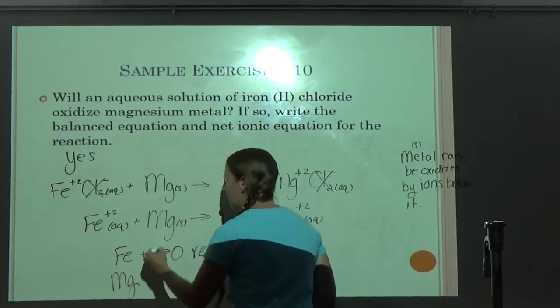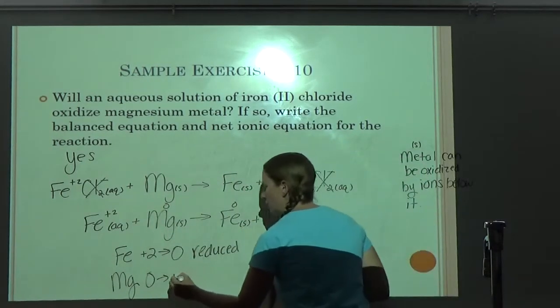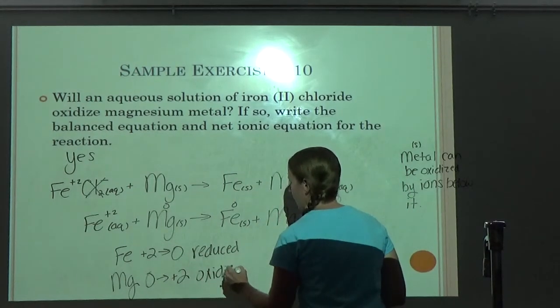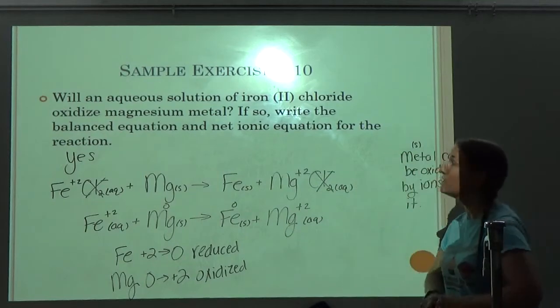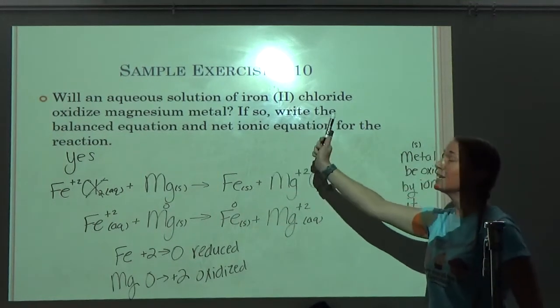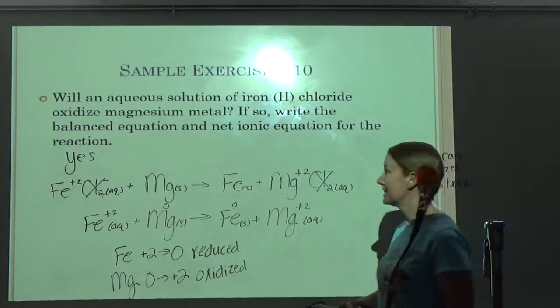And then magnesium went from 0, because it's by itself, to positive 2. So that means it lost, so it is oxidized. The hint was also given in the question. It says, will iron 2 chloride oxidize magnesium metal? And we've determined that yes, the magnesium is oxidized.